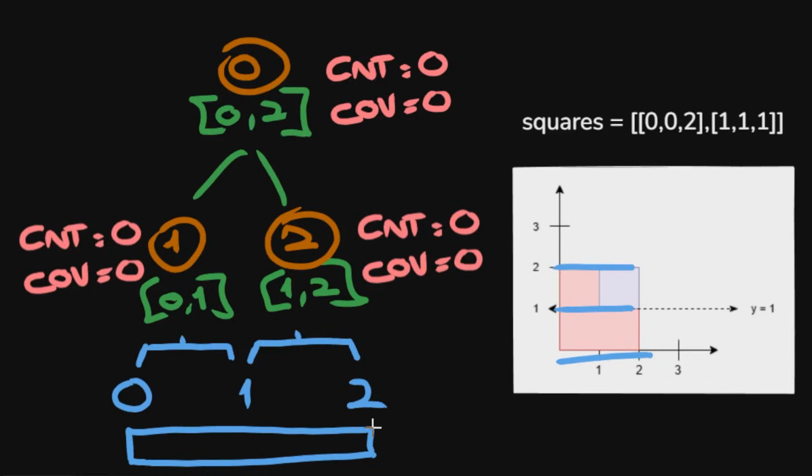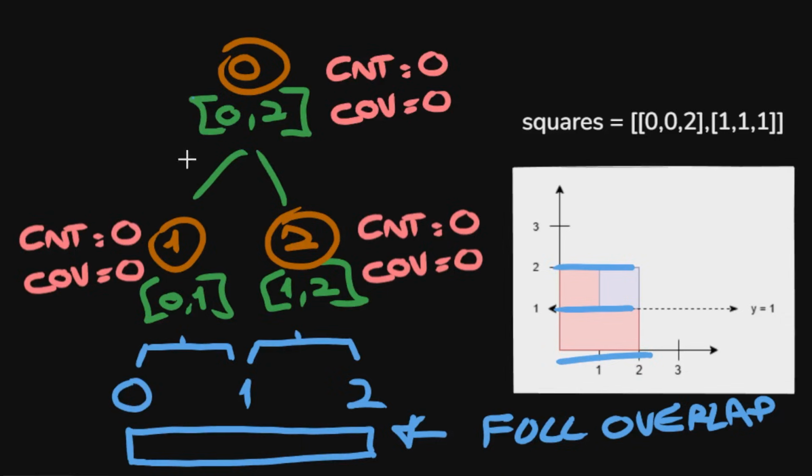And right is 2, which is also equal to the right bound of the square. So we can fit this here. So in this case, we have a full overlap. This means that we can cover this entire interval, meaning this interval, with the current square. So we add 1 because this is the first square that covers this interval.